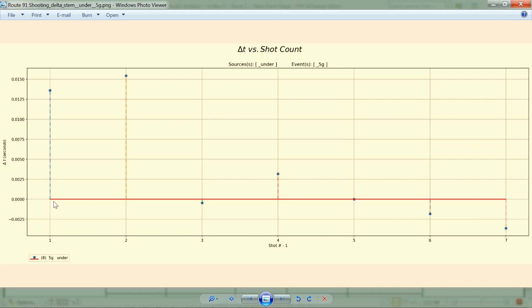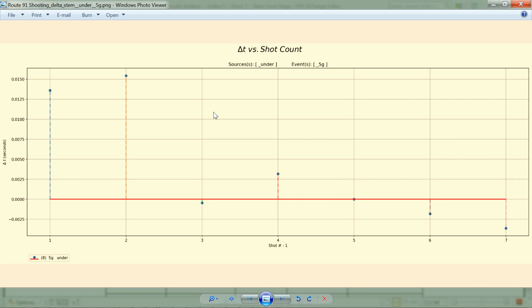But for the first 2 or first 3 shots, we have the variances going all the way up from 0 to 15 milliseconds, which, as I've mentioned before, isn't that big a deal, but this gives us a visual representation for the data in the table. And depending upon whether you're a numbers person or a visual person, you can choose. There's 50 different types of plots that you can choose.